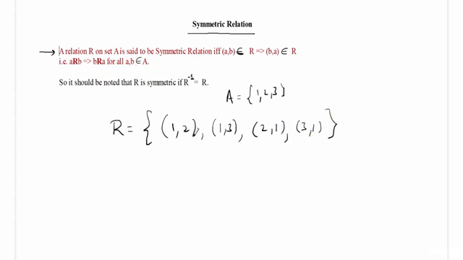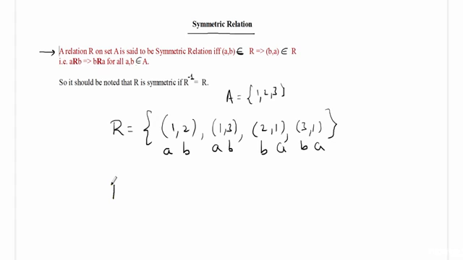If you see the beauty of this relation, here a being 1 is related to 2, and this 2, which you can call b, is related to a as well. Similarly, 1 being related to 3, 3 is related to 1 as well. So this is what the definition is trying to say: if a is related to b, then b should also be related to a. That is, (1, 2) and then (2, 1) both should be there. Similarly, if (1, 3) is there, then (3, 1) should also be there in the relation R.